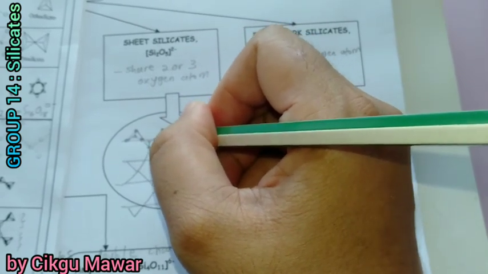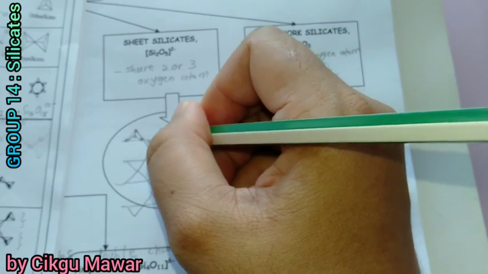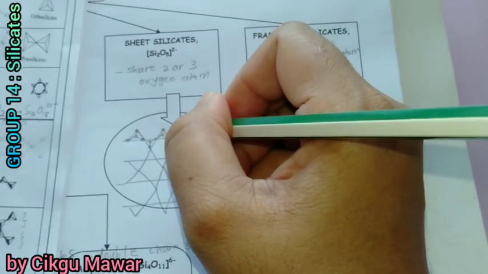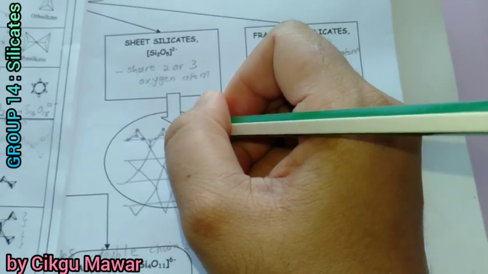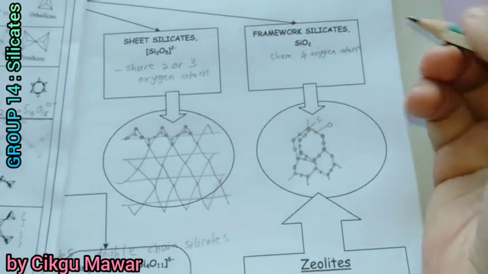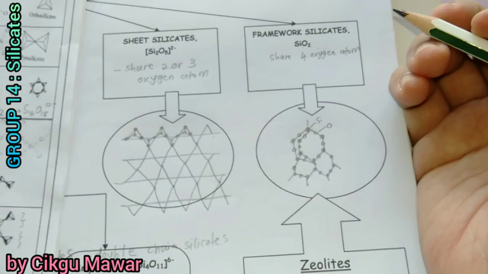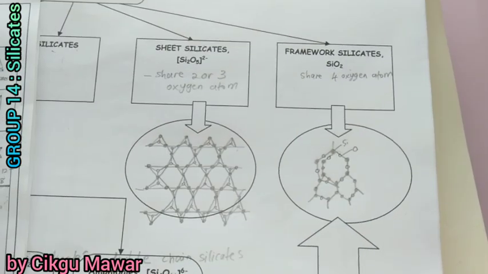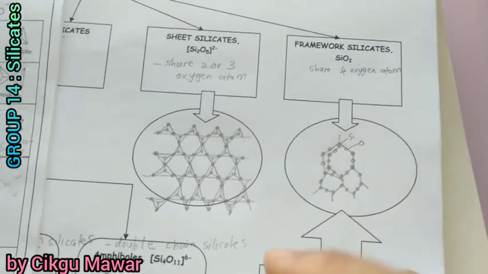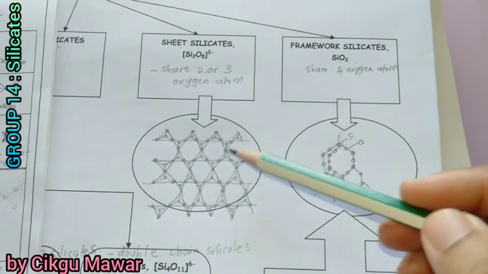You just occupy all the atoms involved. You complete all of this. Now I have completed drawing the sheet silicate here.